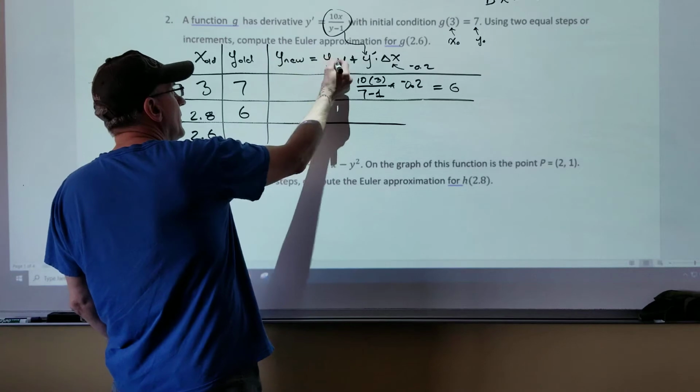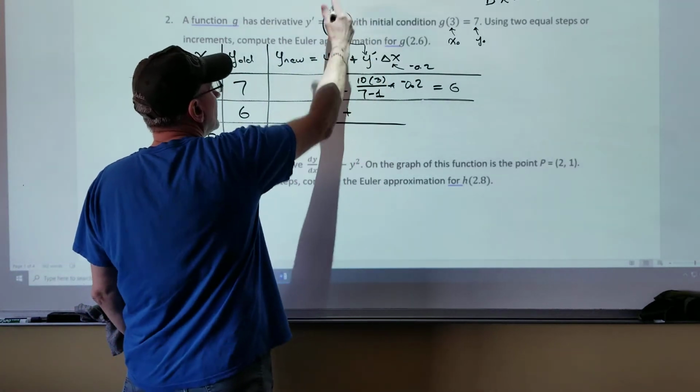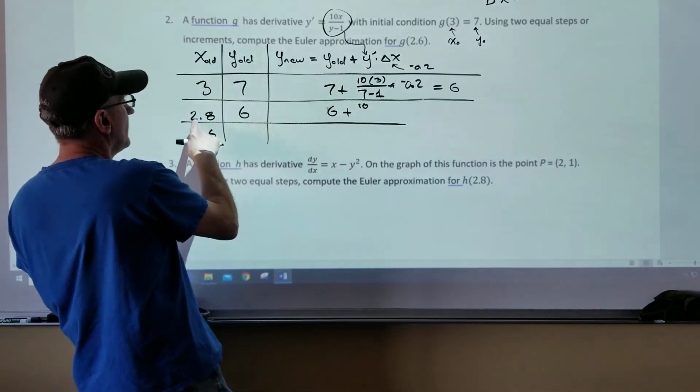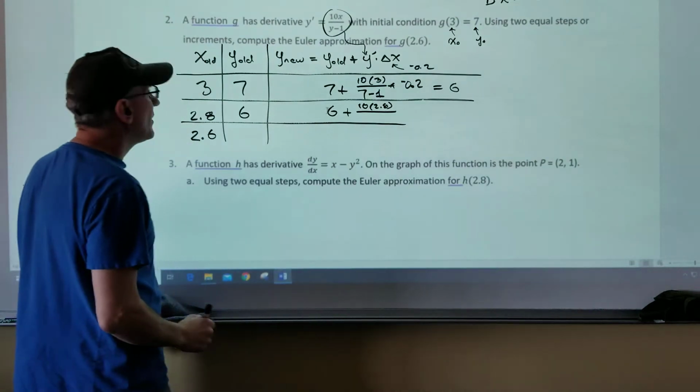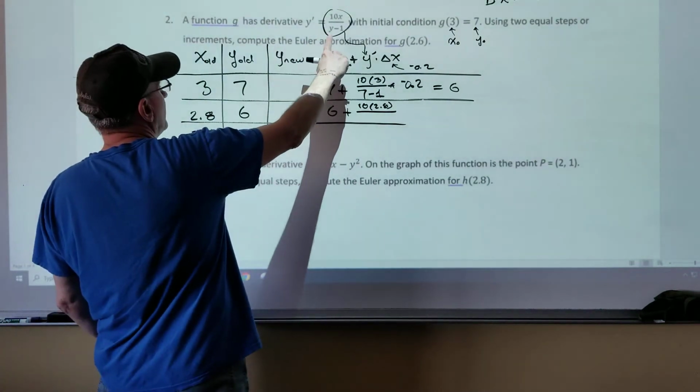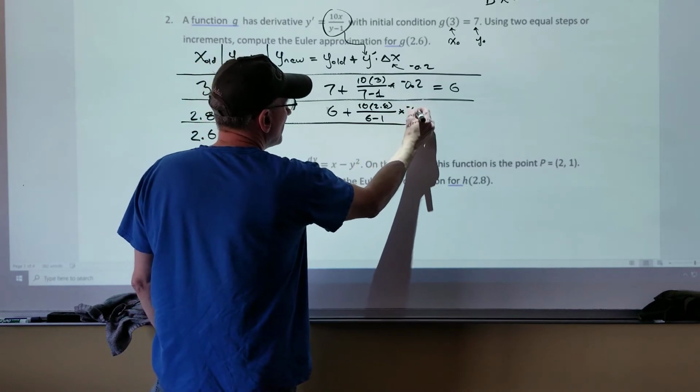So to get a new y, we start with an old y, 6. In this case, the derivative has this calculation, so that's 10 times 2.8 divided by y minus 1, so that's 6 minus 1, multiplied by the step.